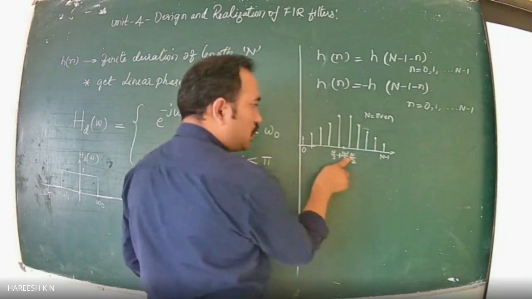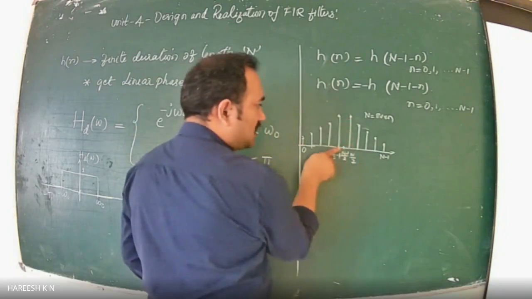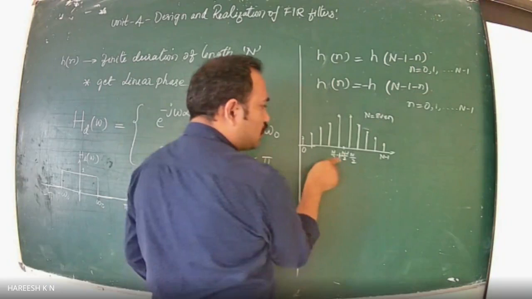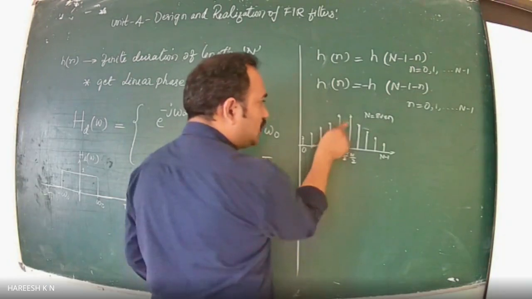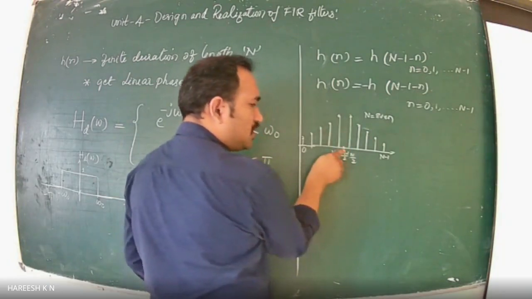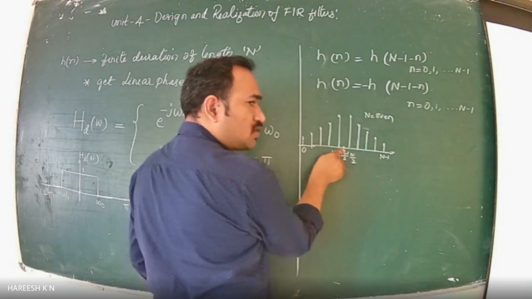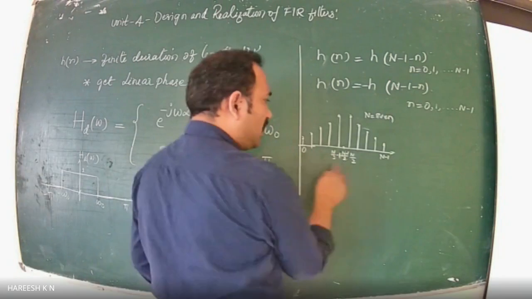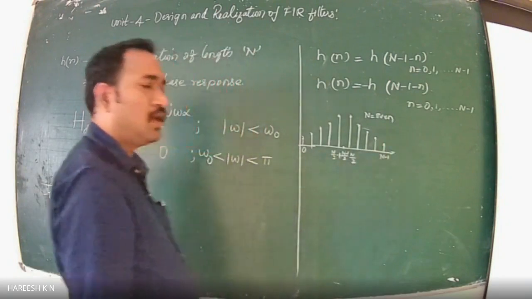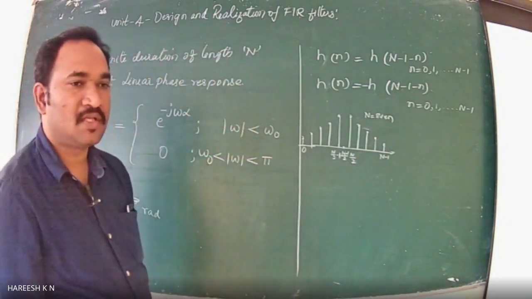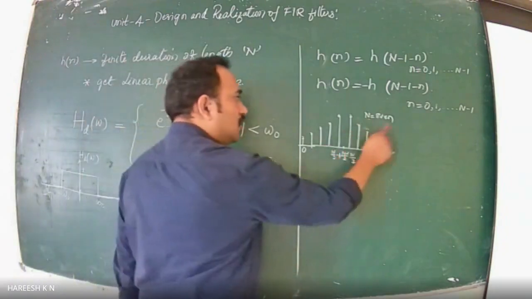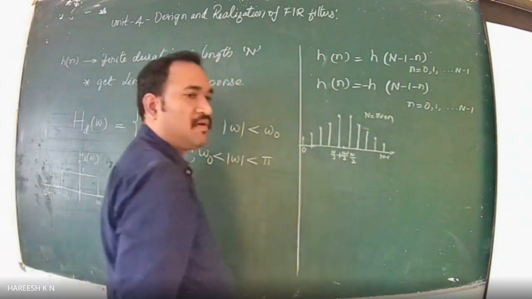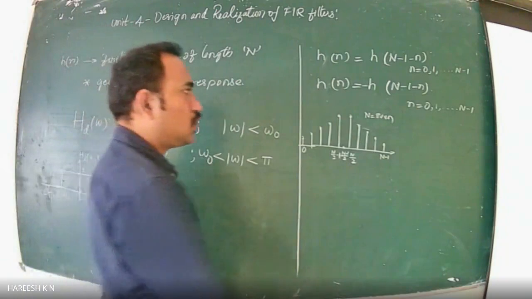Between these two samples there is a midpoint marked where there is no sample. That point is N minus 1 divided by 2. These are the locations of the samples for an even number of samples.